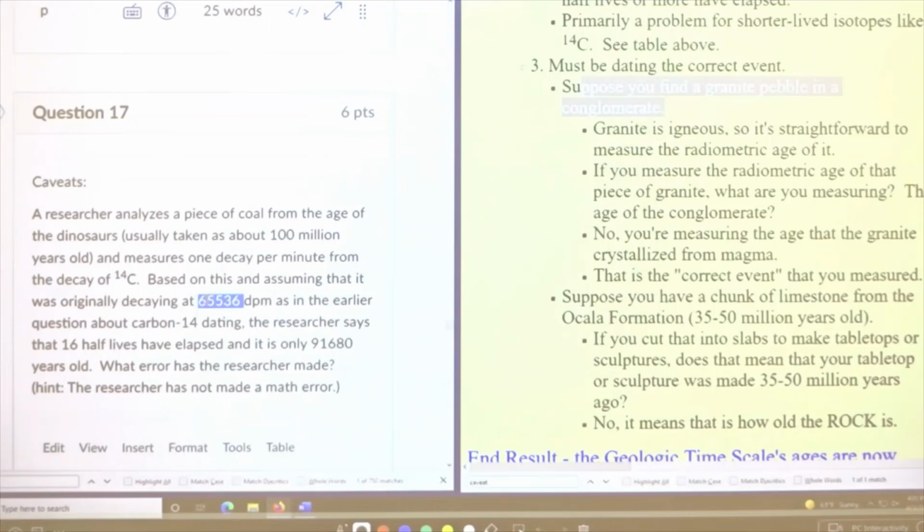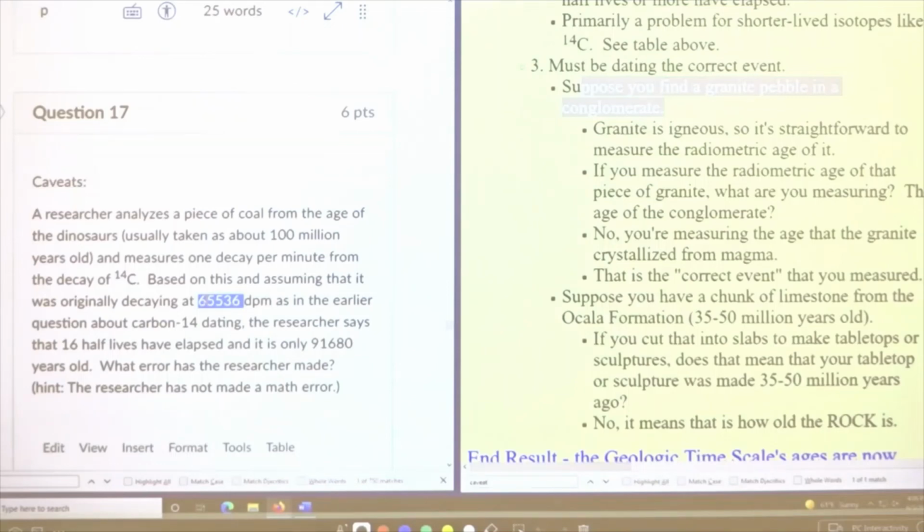Well, if you divide 65,536 by 2 16 times, you'll get 1, which implies that this piece of coal dates from a period of time 16 carbon-14 half-lives ago.